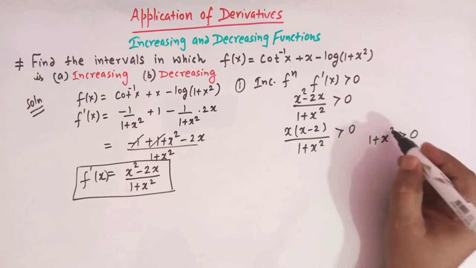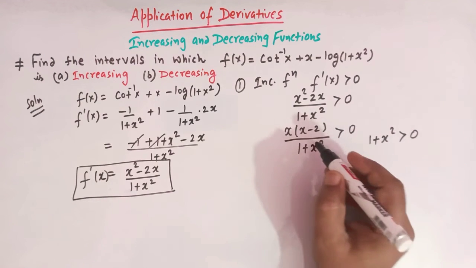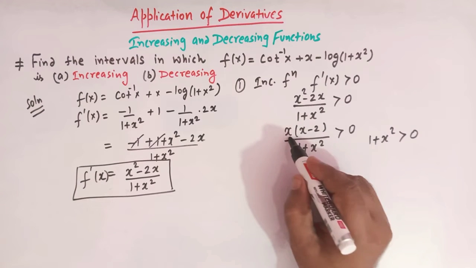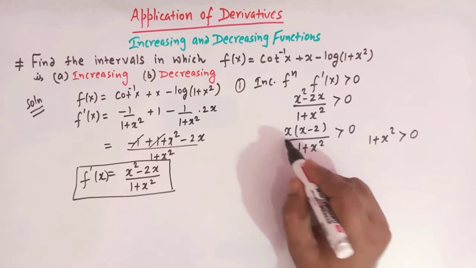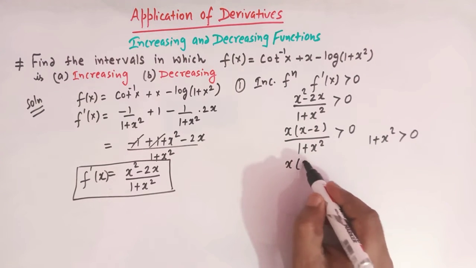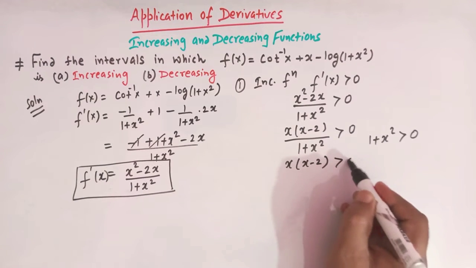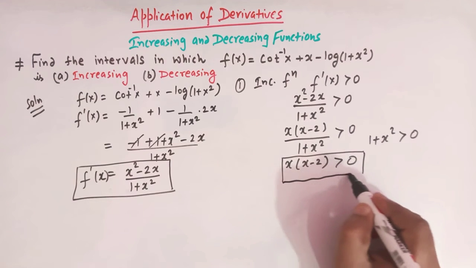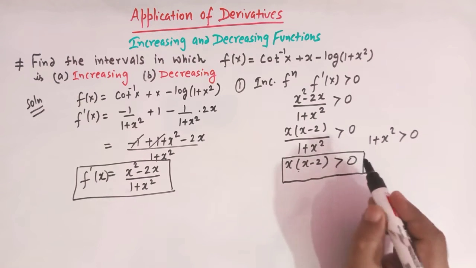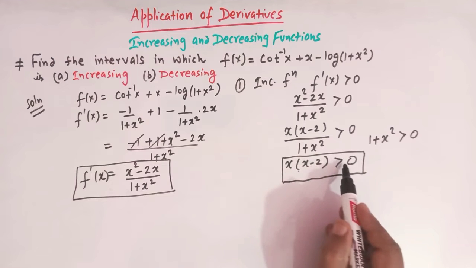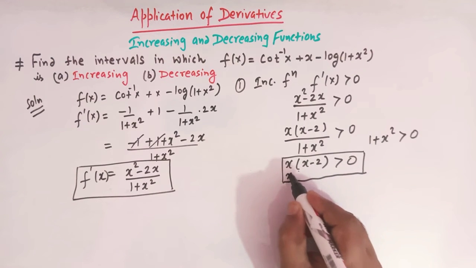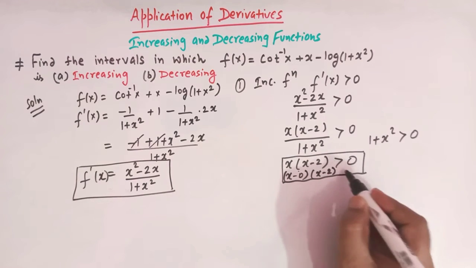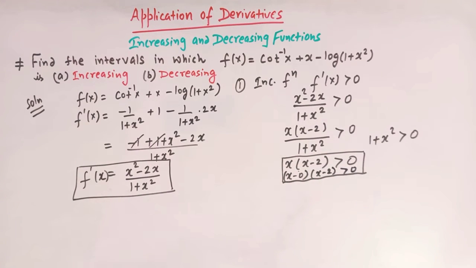So this quantity is always greater than 0. It means for this inequality to be true, the expression in the numerator must be greater than 0. So we have to solve this inequality: x times x minus 2 must be greater than 0, which can also be written as x minus 0 times x minus 2 greater than 0.